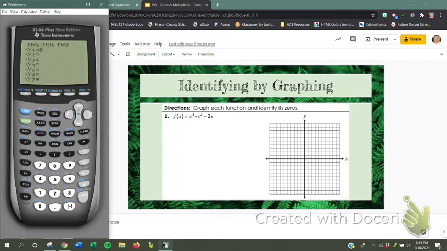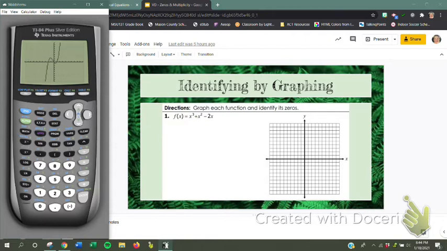We use the X key, which is right here above the apps button, and then raise that to the third power, plus x squared minus 2x. That's what is on our problem over here: identify by graphing. So we are graphing this, and all you have to do now is press the graph button, this button right here.